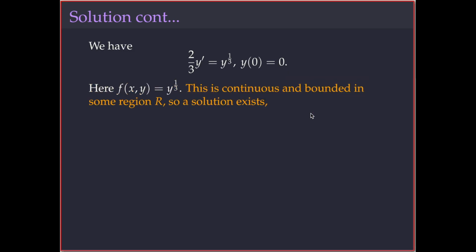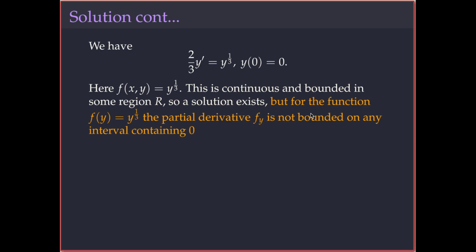Okay, but the problem is that for f(y) = y^(1/3), the partial derivative is not bounded on any interval containing 0. For example, what is the derivative of this? The derivative is (1/3) y^(1/3 - 1), so this is (1/3) y^(-2/3).